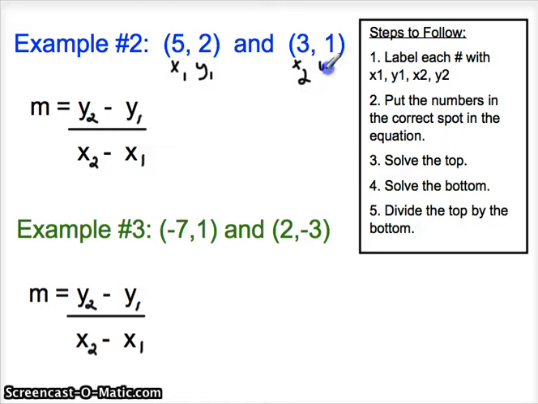And the 1 is going to be y2. Now we can put the numbers in the correct spot in the equation. y2, 1 minus y1, which is 2, divided by 3 minus 5.